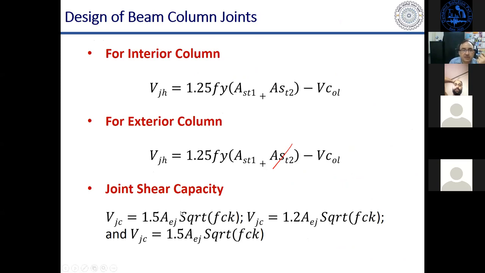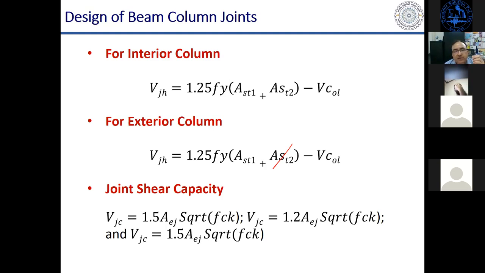Now this is the demand. It is to be compared with the capacity. How to get the capacity? The capacity depends on square root of FCK. AEJ is the horizontal area of the joint. If you take a horizontal section within the joint, between the beams and columns, that area is giving you AEJ.